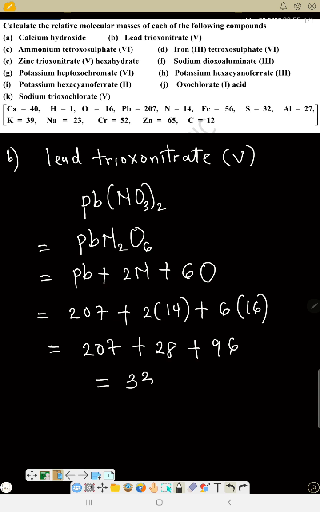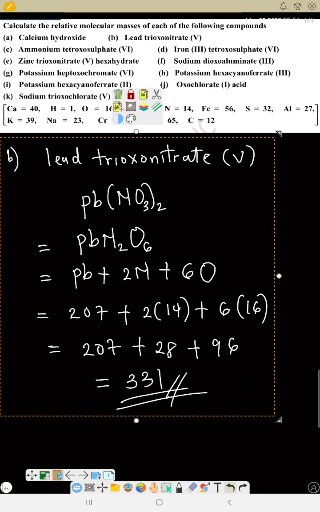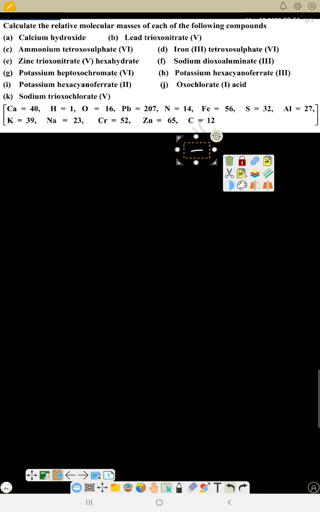If you add everything, you get 331. If you say 331 gram per mole, that is molar mass, but just 331 is the relative molecular mass. Relative molecular mass is a ratio, so it does not have units, but molar mass has the unit gram per mole. So molar mass is the relative molecular mass expressed in gram per mole.